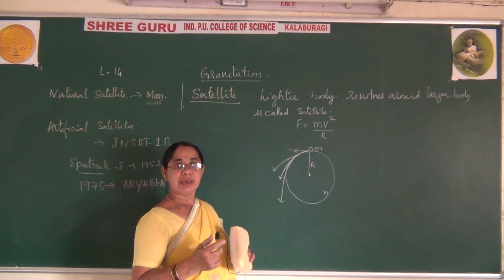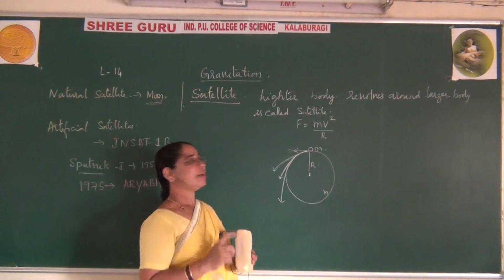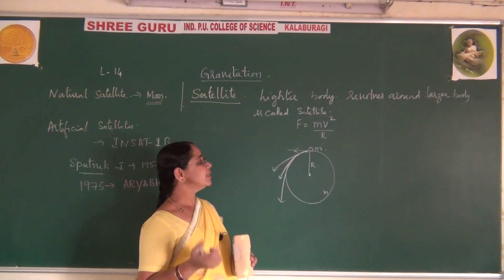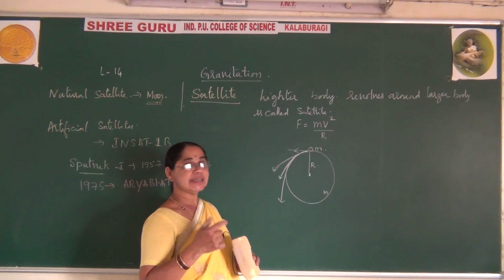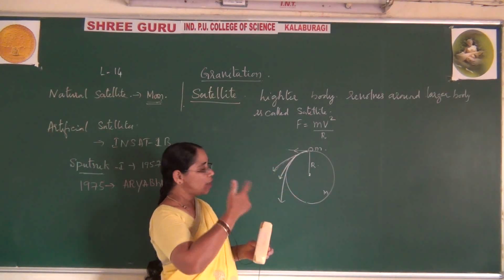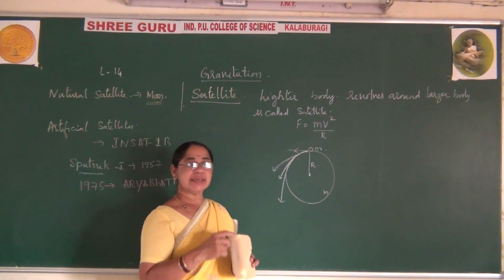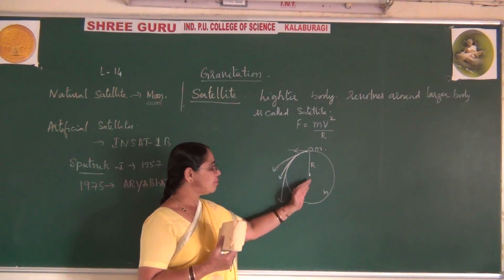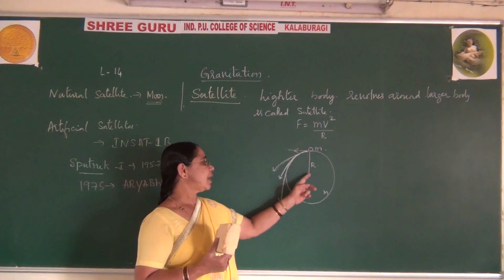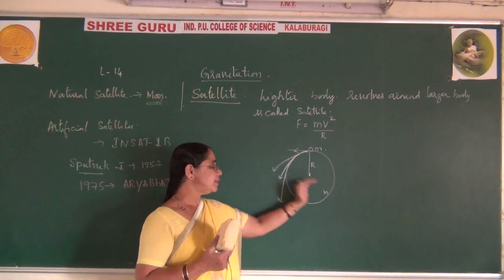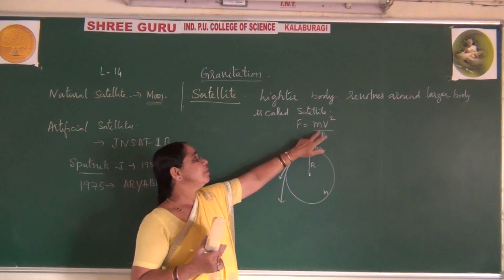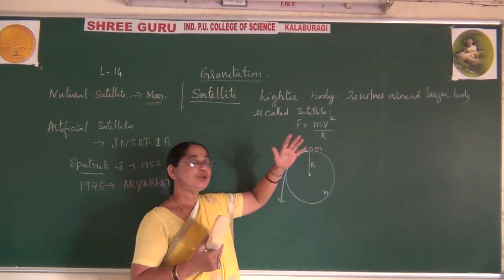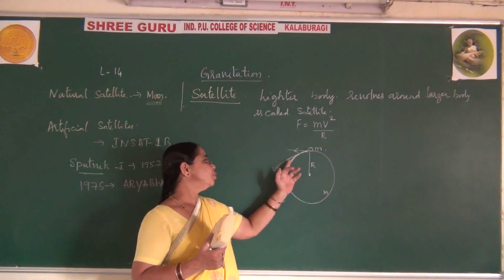What is this v? V is the velocity of the given object, and r is the radius. But remember, I say this object is moving in a circular motion, and it cannot come to the center because the gravitational pull is not sufficient to bring that object downwards. At the same time, the velocity is not sufficient to make the object go away.